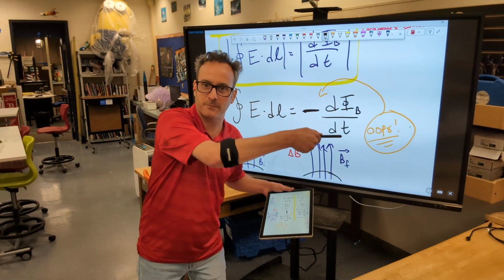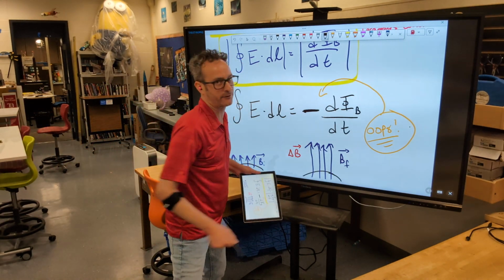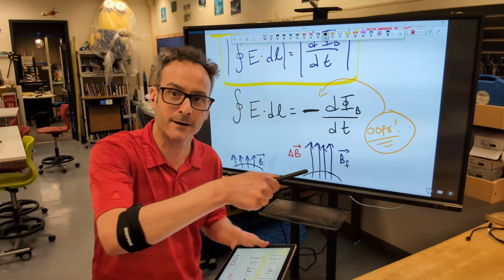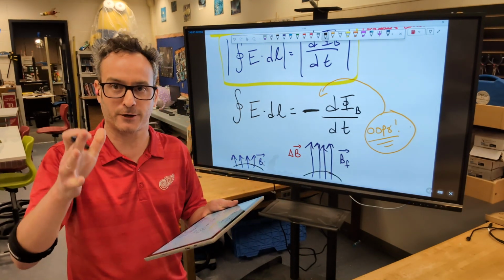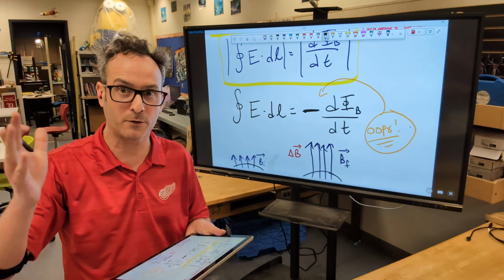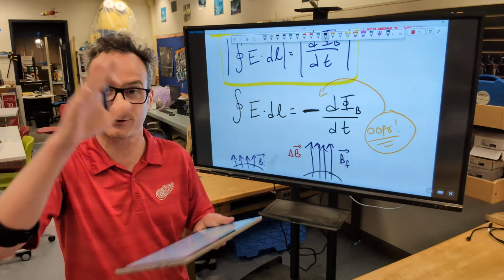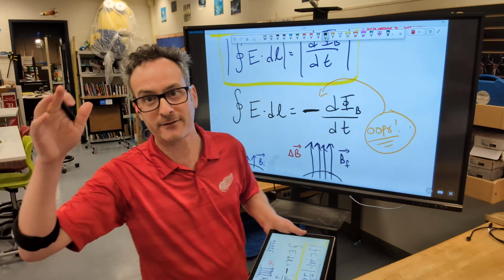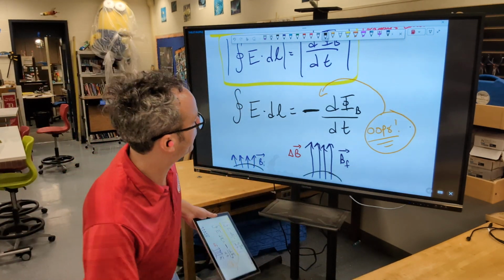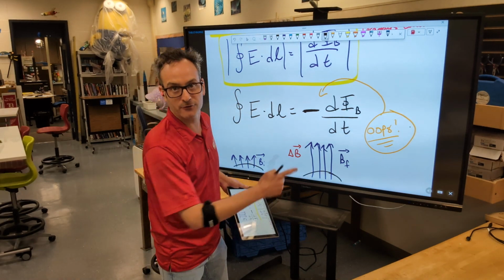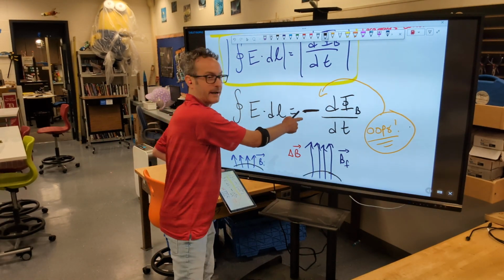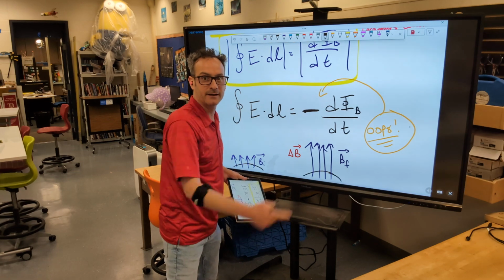So if the change in, not magnetic field, magnetic flux, gets bigger, the voltage that gets produced produces its own current that creates a magnetic field that opposes that change. So if the change is positive, it'll create a negative magnetic flux.